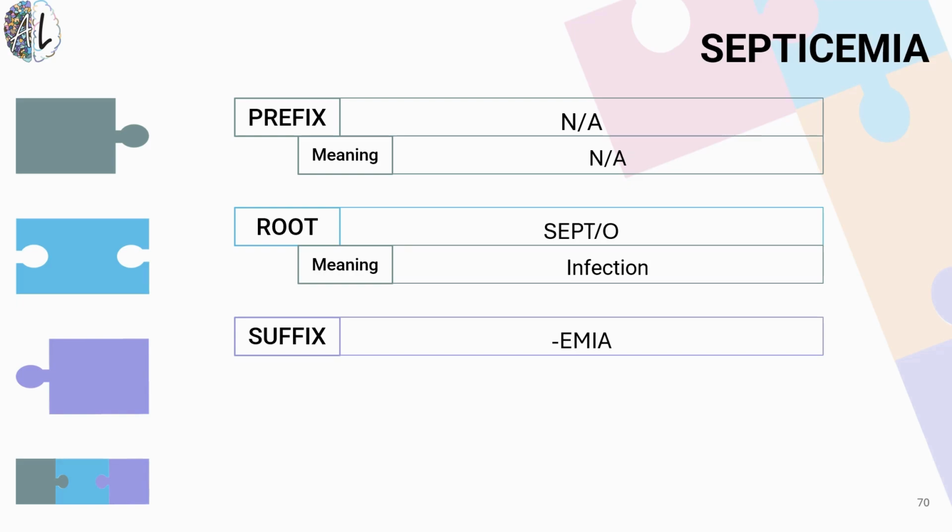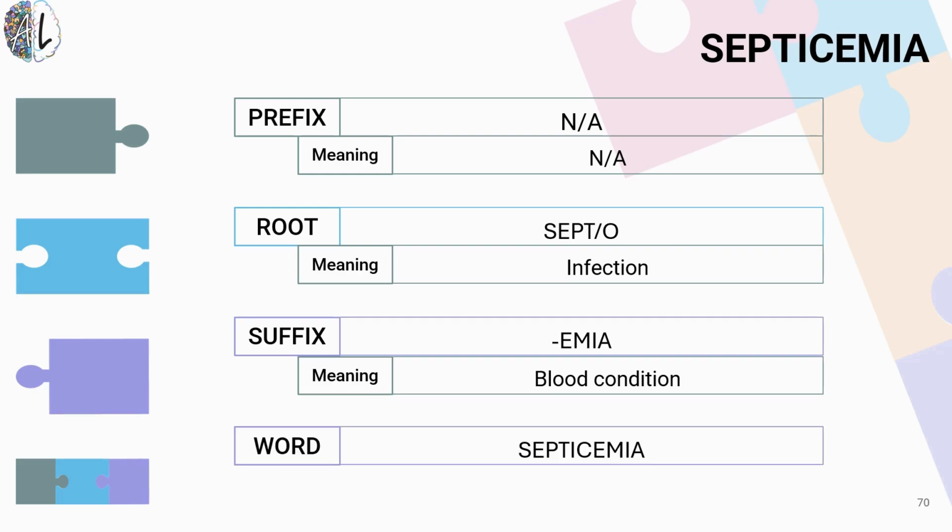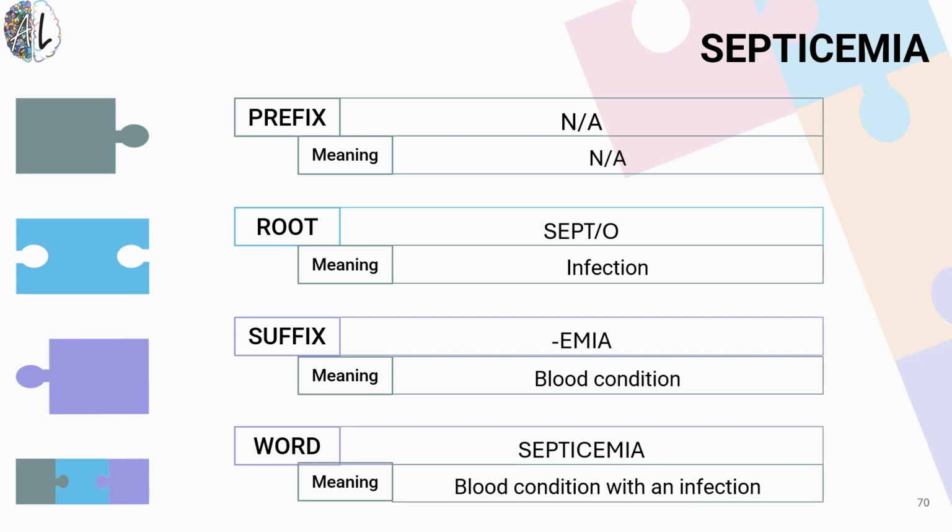It doesn't change the meanings of the portions, just to make it a little bit easier to pronounce. But the emia portion of the suffix here refers to a blood condition. So septicemia is a blood condition with an infection. If you wanted to say it in a little bit better flowing English, we would say an infection inside the bloodstream so that it's actually floating through the bloodstream itself.